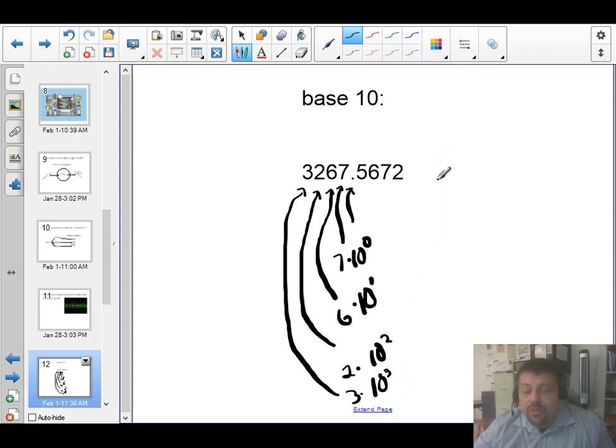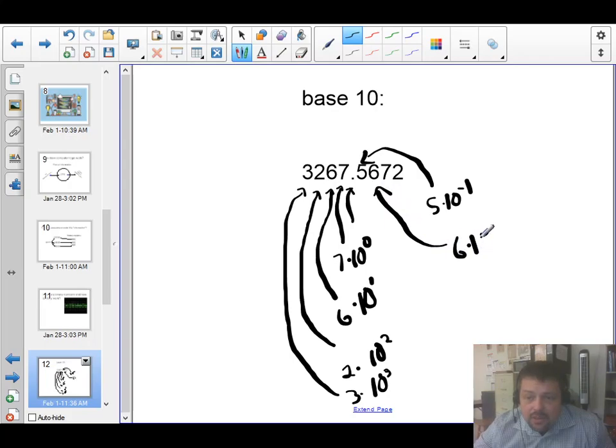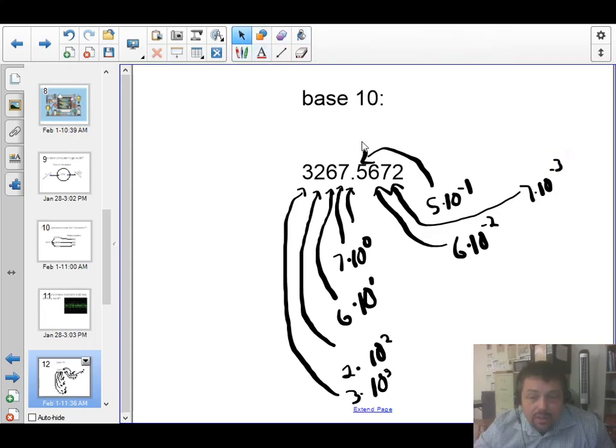And then the ones to the right of the decimal work the opposite. That isn't just 5, that's 5 times 10 to the negative 1. And then the 6 is 6 times 10 to the negative 2. And then 7 times 10 to the negative 3. I haven't really left myself enough space here.